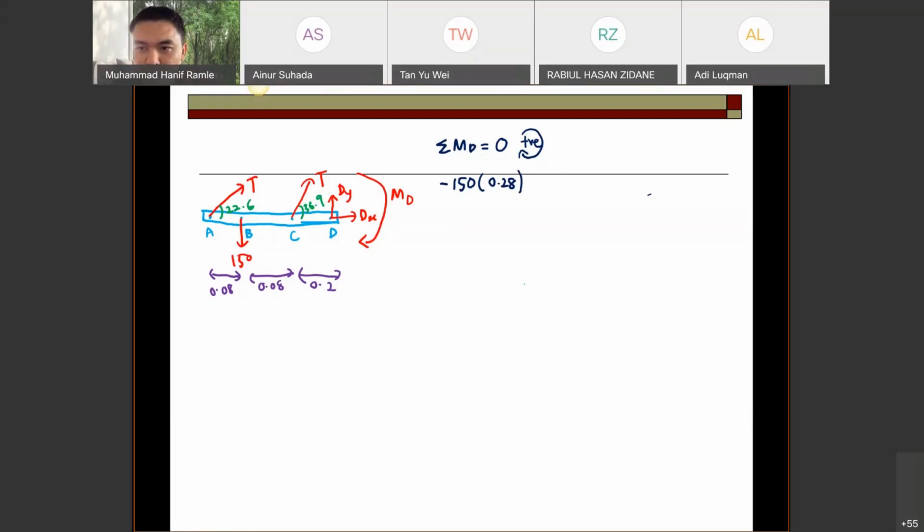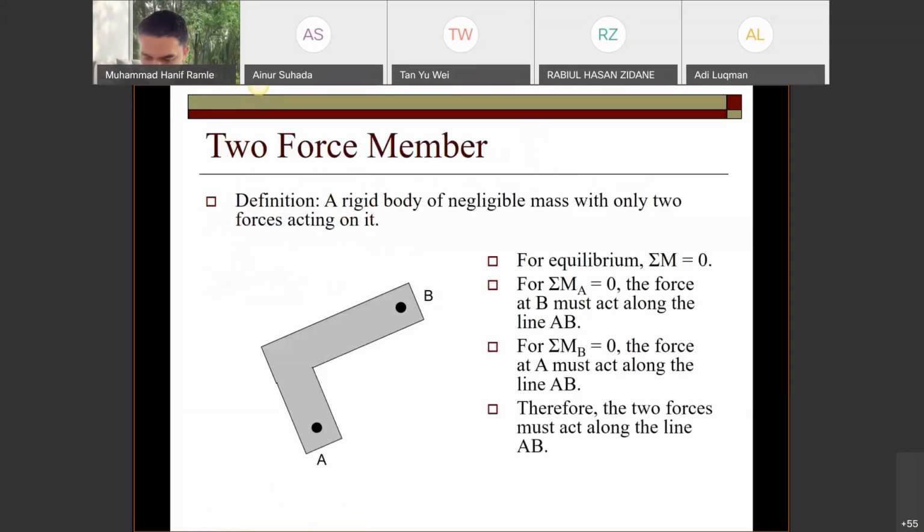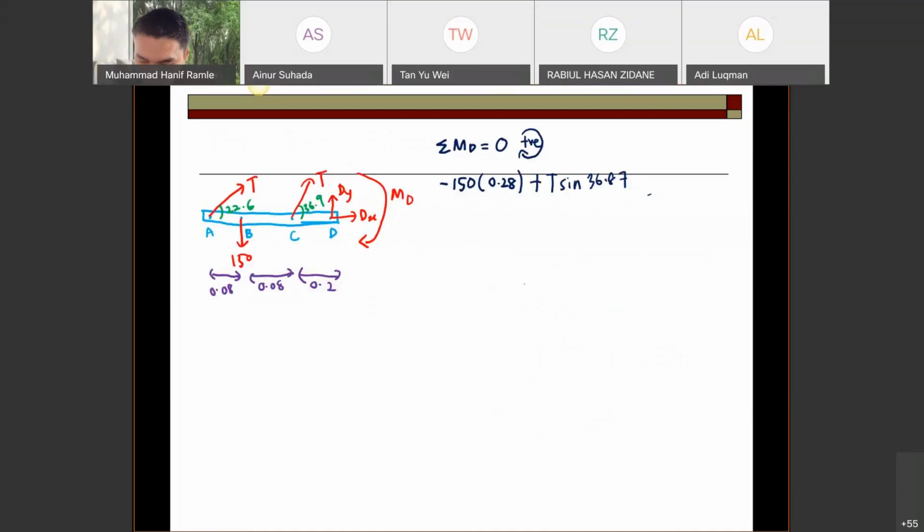Plus T sine 22.6 times 0.36. Yes, correct. Meaning that you already understand how to calculate moment.